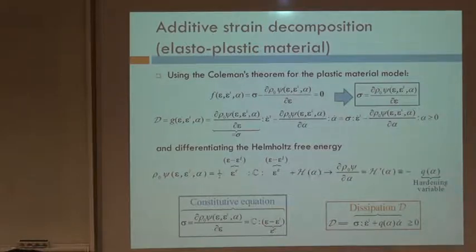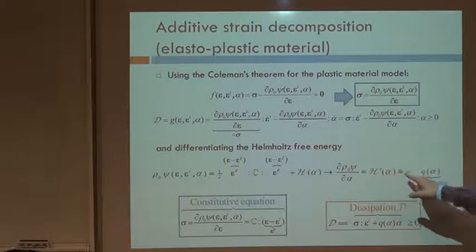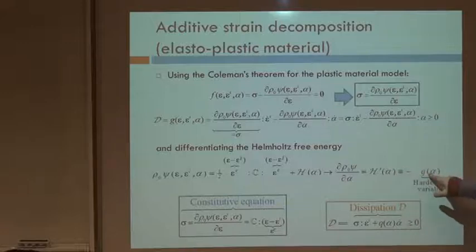And that derivative is normally taken with a minus sign, and the result of this derivative, which depends on alpha, is called the hardening variable. Okay, that's part of the type of nomenclature that we use.